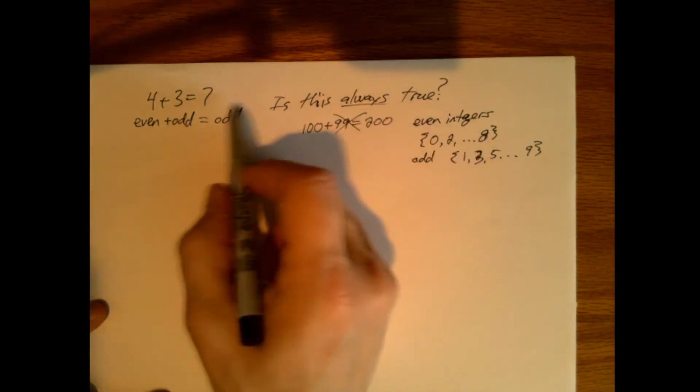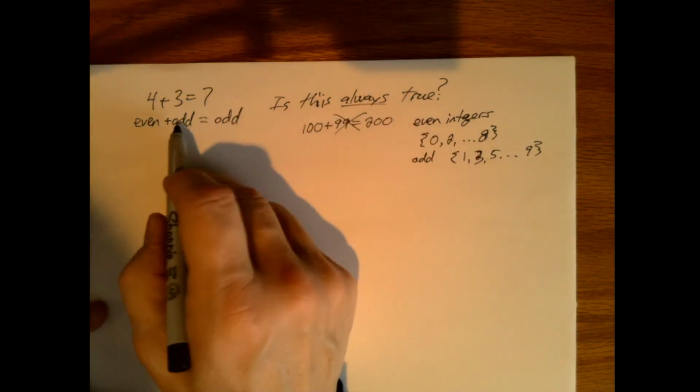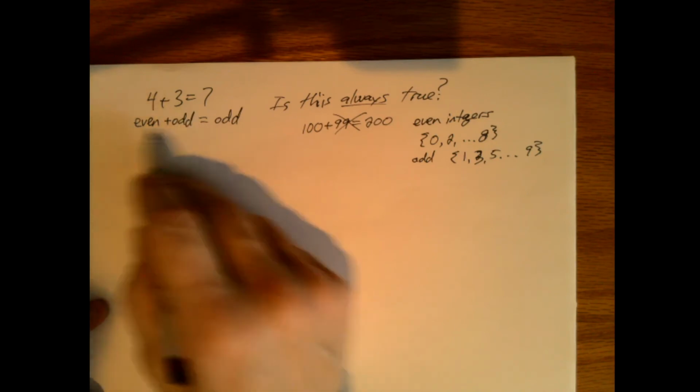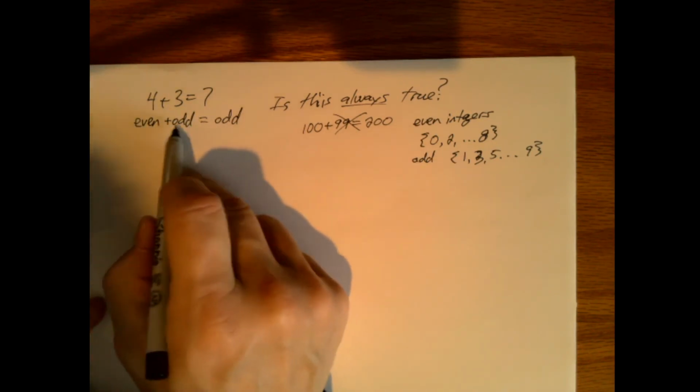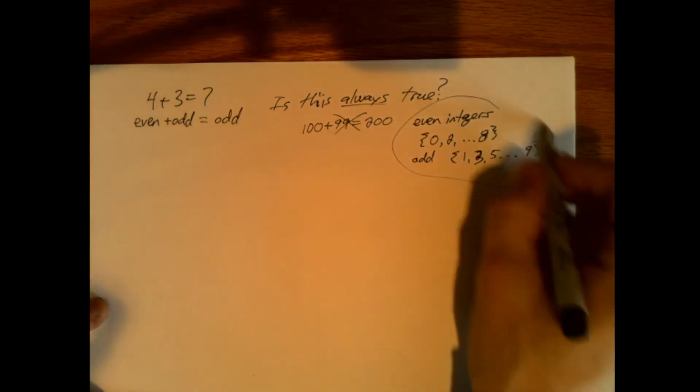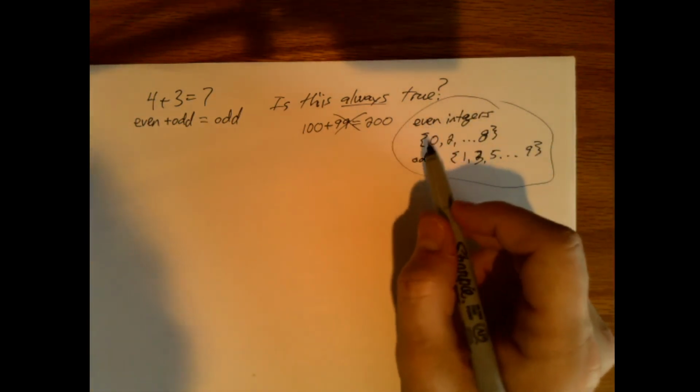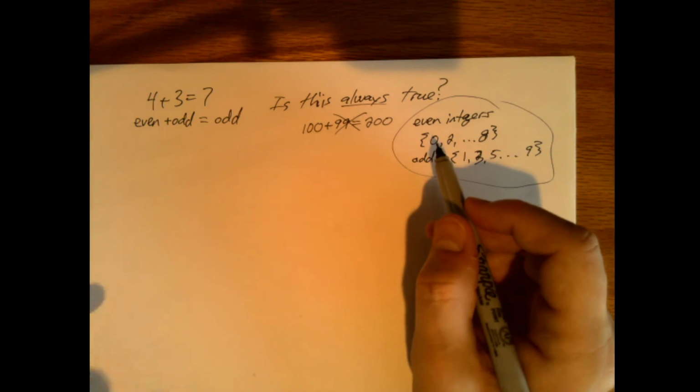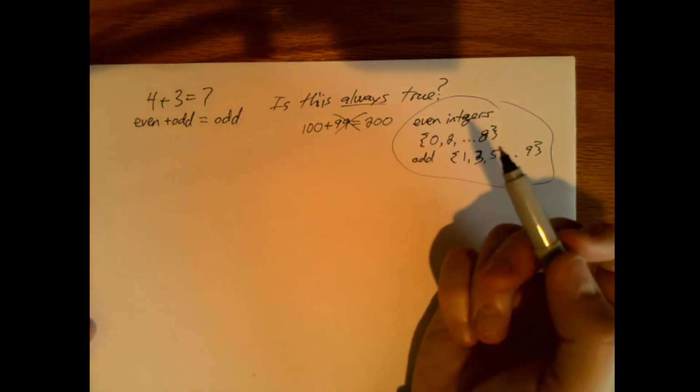But if we're talking about all integers that are either even or odd, we're talking about an infinite number. So there's no way I can go through and prove it for all those. And even if there's a finite number like there is here, it may be more numbers than I want to work with. So we need some way to do this in the general sense.